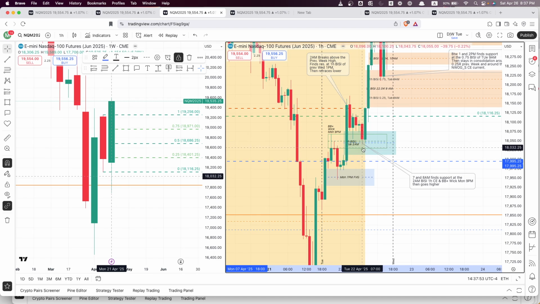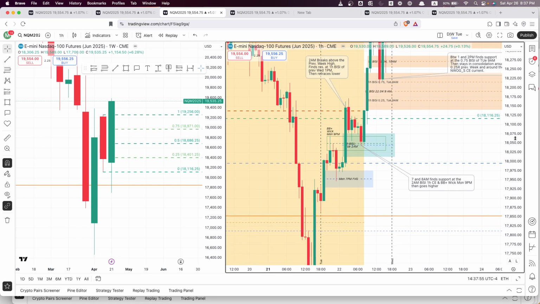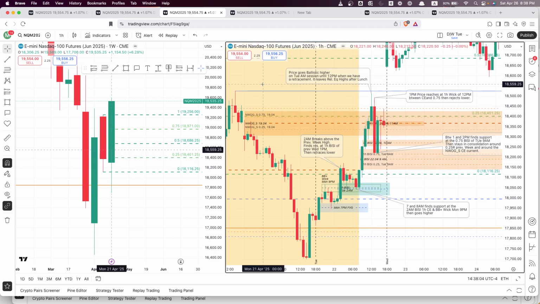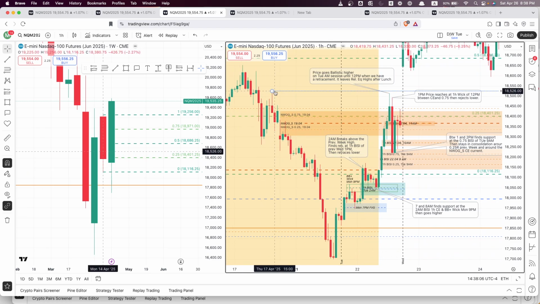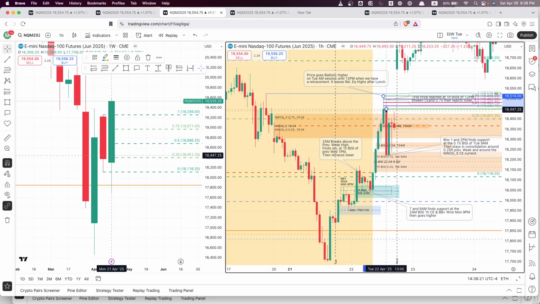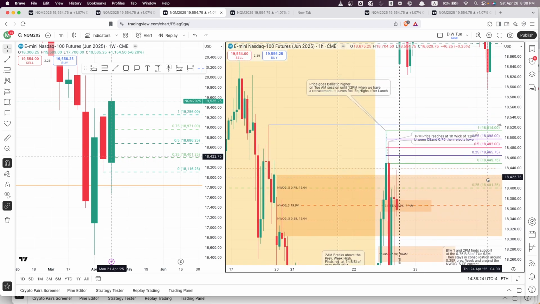And then see how price finds support at that, and then just goes higher all the way. So till lunchtime. And this, we see how it takes also the Tuesday. No, it doesn't take it, sorry, it leaves it untouched. This relative equal highs. So here price is finding some resistance.